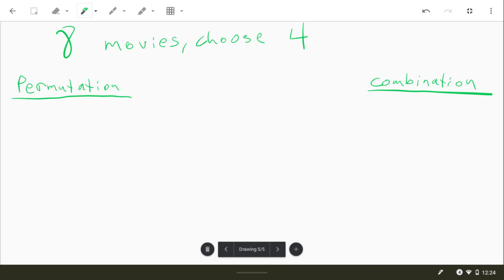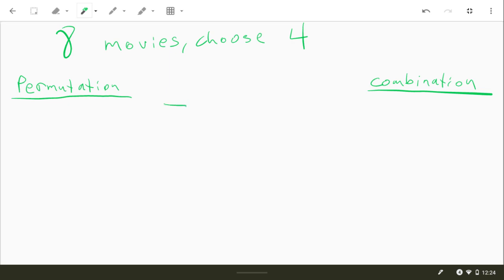Those would be different than watching those 4 movies in a different order. So let's work on the permutations part first. We're wanting to find all possible ways that you can watch, in different orders, 4 movies from the 8.